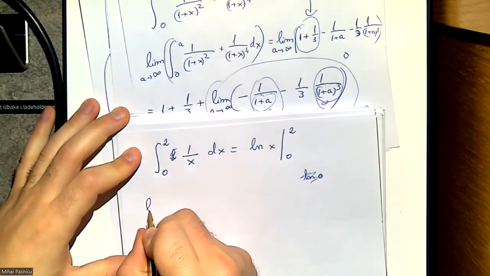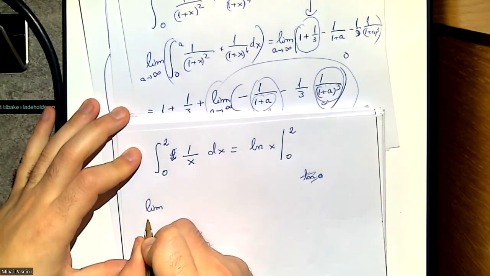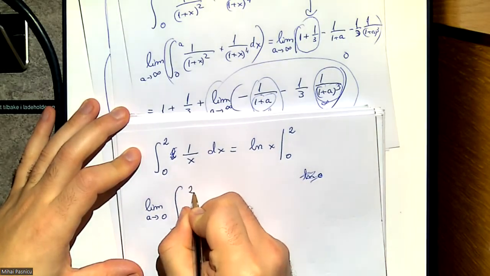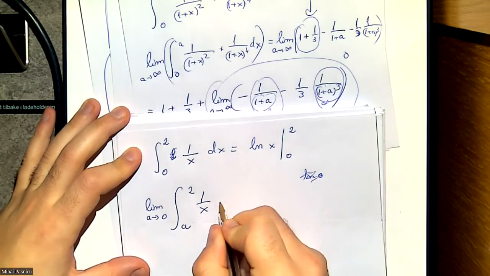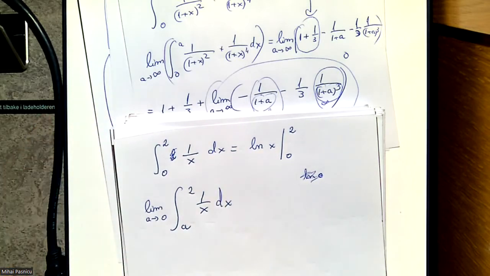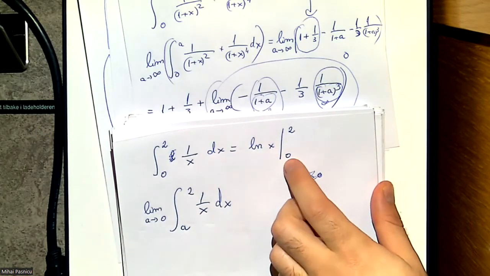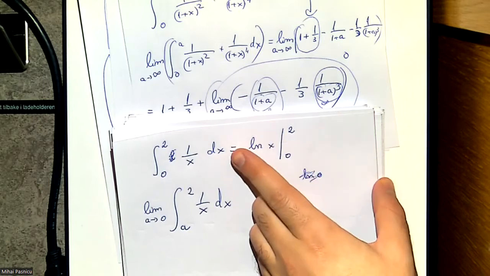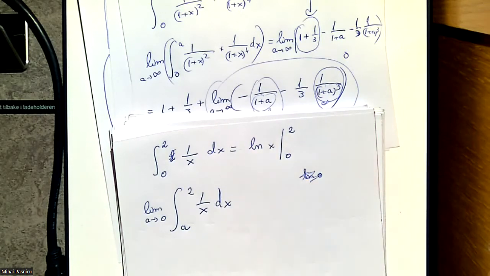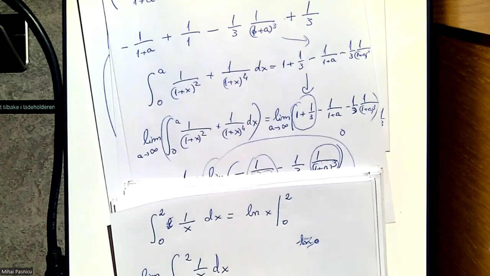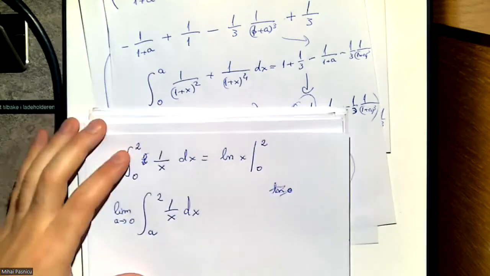So I'm going to compute the limit when, again, a goes to 0 of the integral from a to 2 of 1/x dx. Does it make sense what I'm saying? The problem, if I just did it without a limit here, is that I would have to plug in log of 0. Or in the previous example, I had to plug in 1 over 0. That was a problem. So the limit just avoids this type of problem.